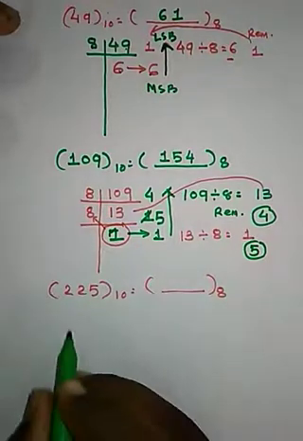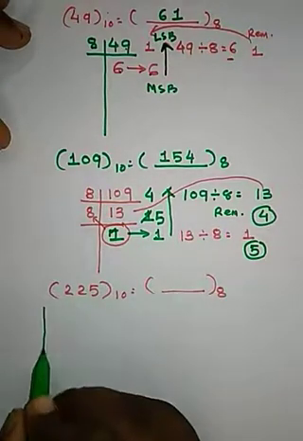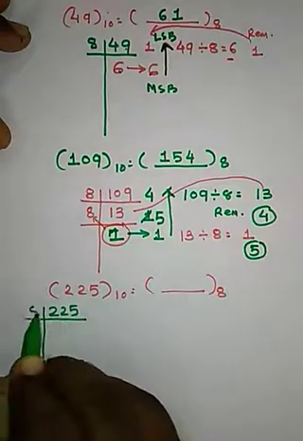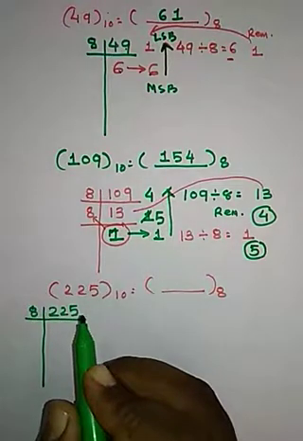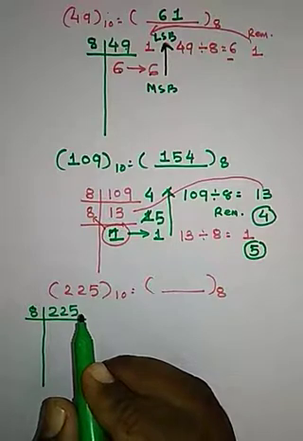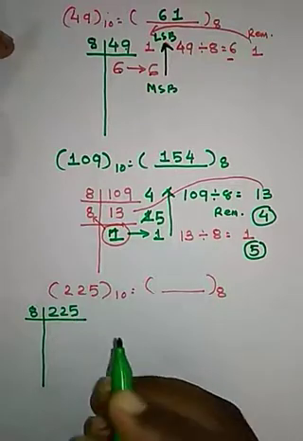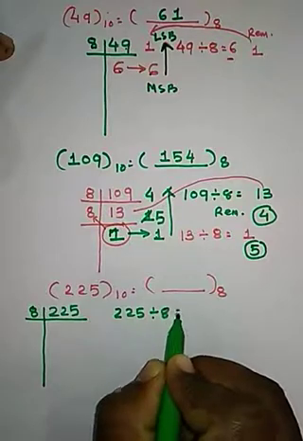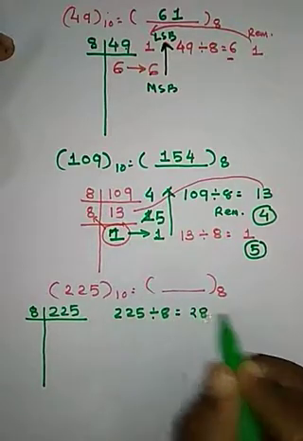So first write here 2 to 5. It is here is a 8. First divide this 2 to 5 by 8. 2 to 5 ને 8 વડે ડિવાઇડ કરો તો 2 to 5 divided by 8. What is the answer? It's a 28.